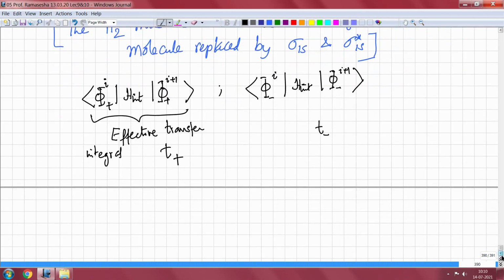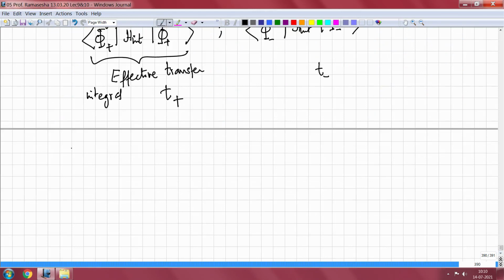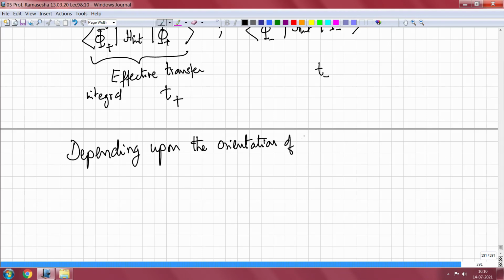Depending upon how these excitations are oriented, T minus is usually minus of T plus. So depending upon the orientation of the molecules, in particular the transition dipoles, T plus can be positive or negative, and if T plus is positive then T minus is negative. T minus will have the opposite sign.